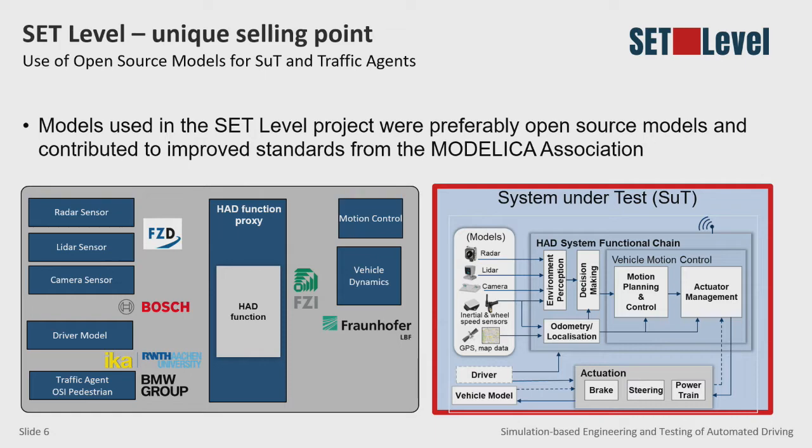We have a driver model from RWTH Aachen. We have a pedestrian model from BMW. We have an open source interface for an automated driving function, the HAT function, highly automated driving function, from the FZI in Karlsruhe, and motion control, vehicle systems, and vehicle dynamics from Fraunhofer in Darmstadt.